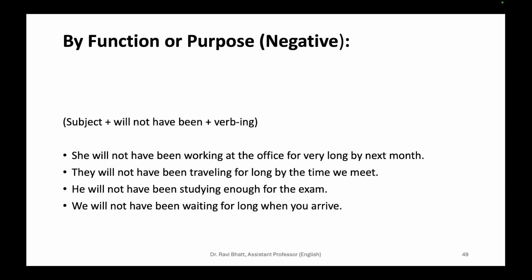Now, students, these are the four variations of future tense that we would often talk about. Now, let's see some of the common mistakes which people often make while using future tense.